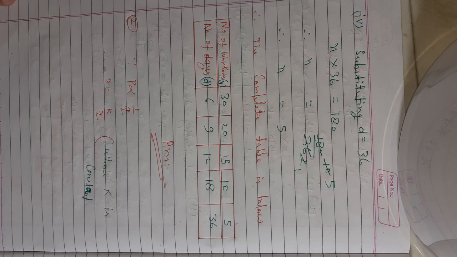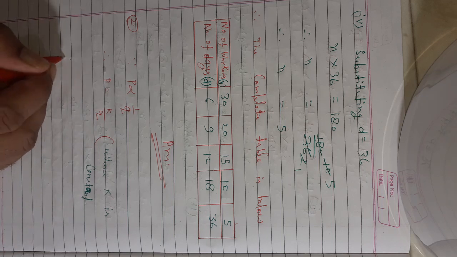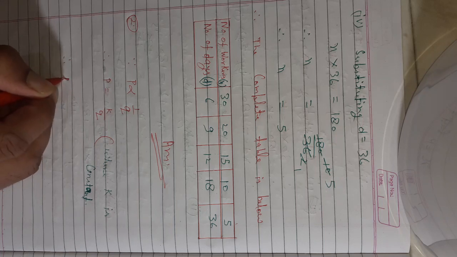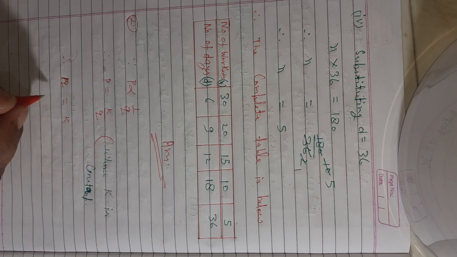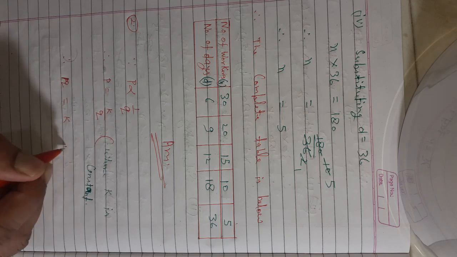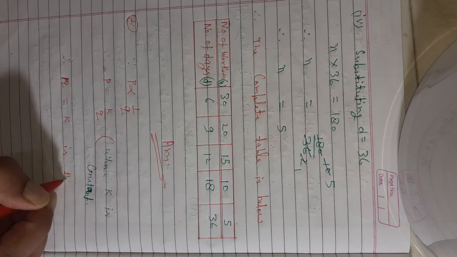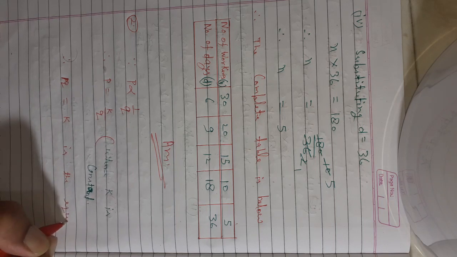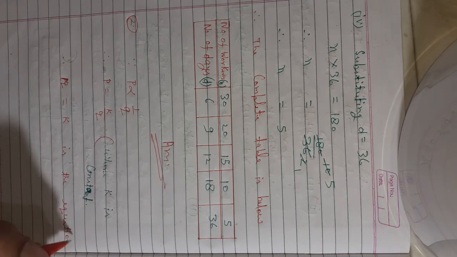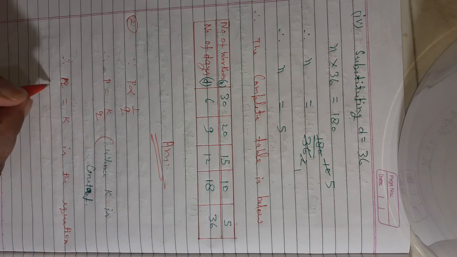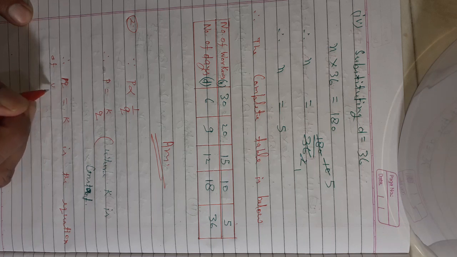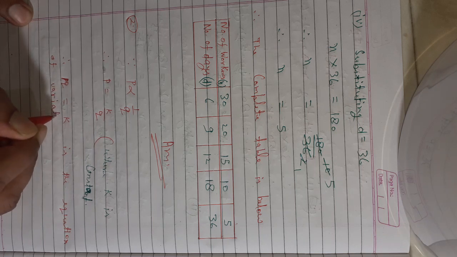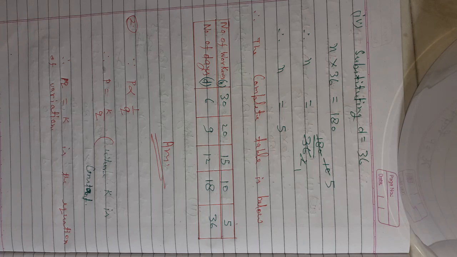So now therefore pq is equal to k. Clear? Therefore pq is equal to k is the equation of variation.